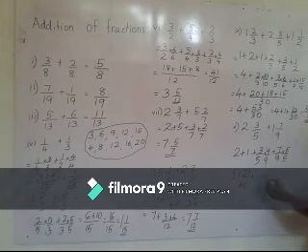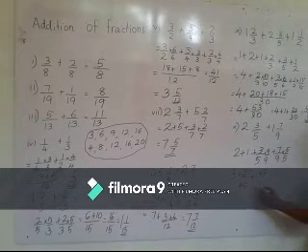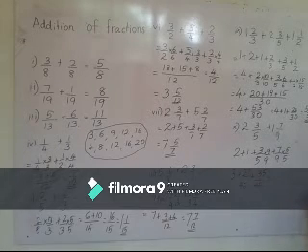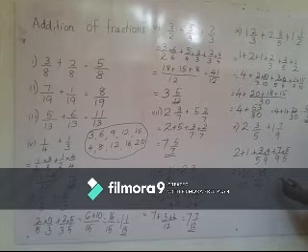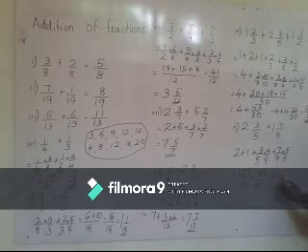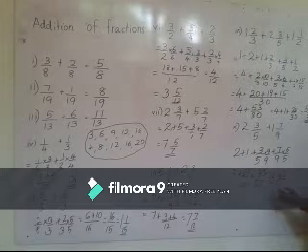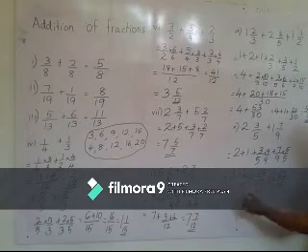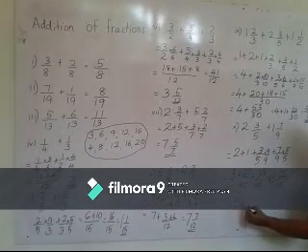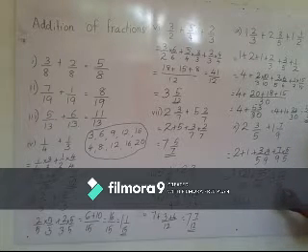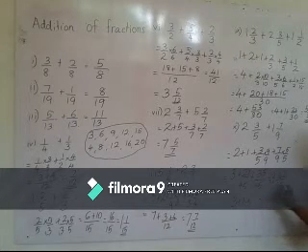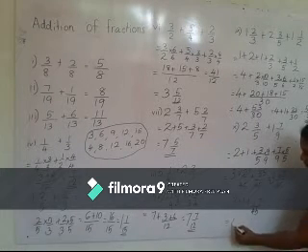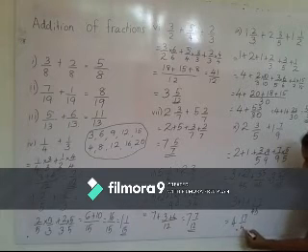Added to 7 times 5, 35, over 45. Then 27 and 35 added is 62. 3 with 62 over 45. There is only one group, then it becomes 3 and 1 group, and the remainder is 17 over 45. So the answer is 4 with 17/45.